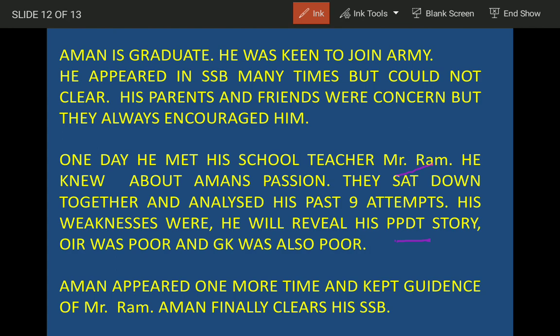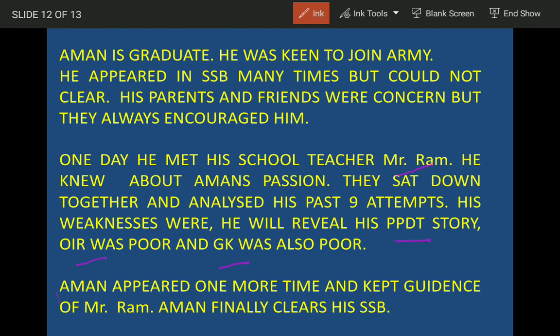So they sat down together and then they analyzed all his past attempts. Upon that they found that his PPDT story narration and overall confidence was poor. OIR performance was poor because he always took that OIR is not counted. Then his GK was poor, so he was not able to participate in discussions and all. So due to these reasons, he was not able to clear it.